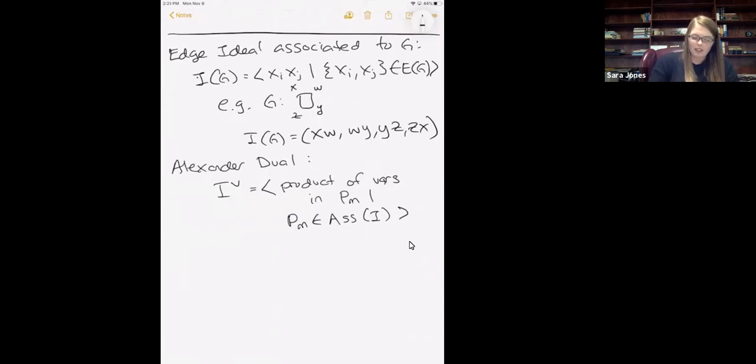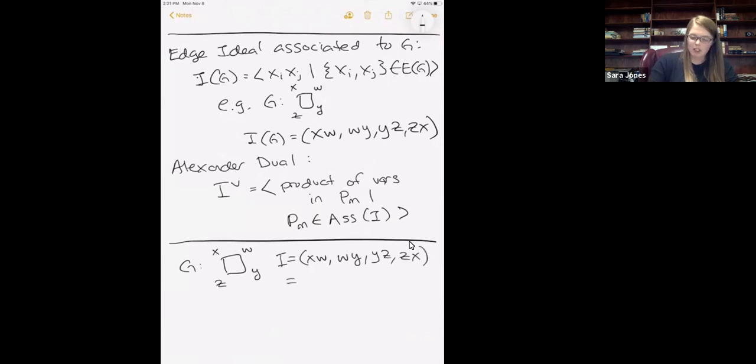Not the formal definition of Alexander dual, but that's the way we're going to define it for the sake of the talk today. So an example, we'll actually look at the same graph we just looked at, the square with X, W, Y, and Z. We said that I here is going to be XW, WY, YZ, and ZX. And this is also the same one we mentioned at the beginning of the talk, that is the union of two planes.